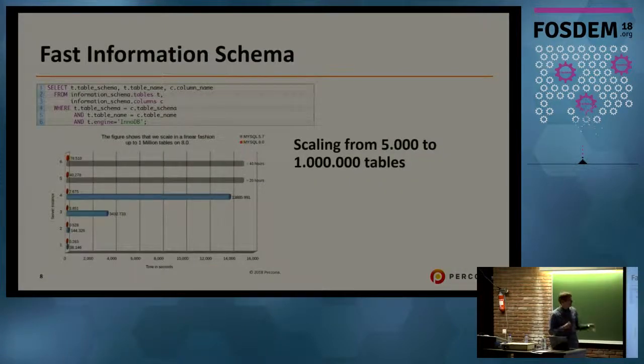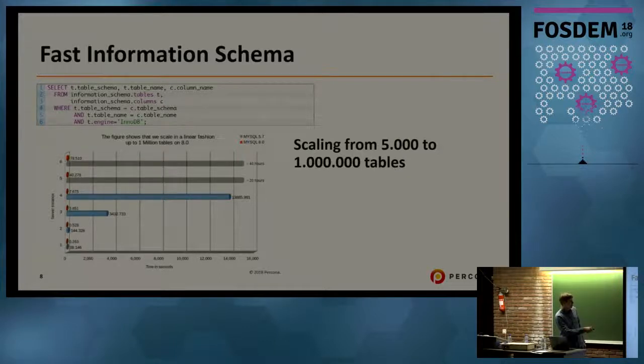Information schema is a great example here, and we can see this query with a join on information schema, which used to be pretty much unusable, right? Even with a relatively modest number of tables, it could take many minutes.